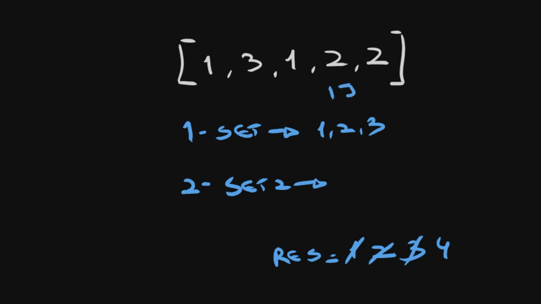Now i and j are here, we have our new set, so we add 2 to the set and we update j. Now j is here and we already have the 2 in the set, so we update i. Now i and j are both here in the last index, we add 2 to our new empty set. We update j, update i, and we reach the end. So now our result is 4 and we return this.